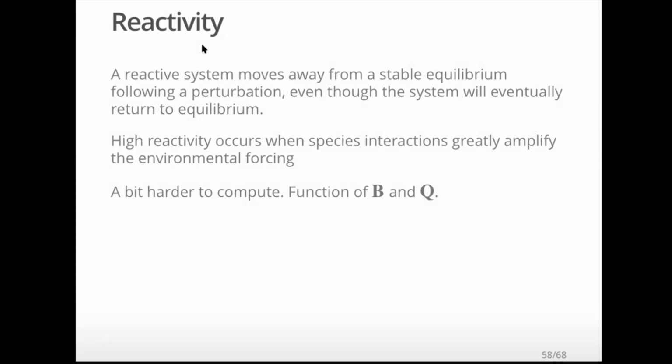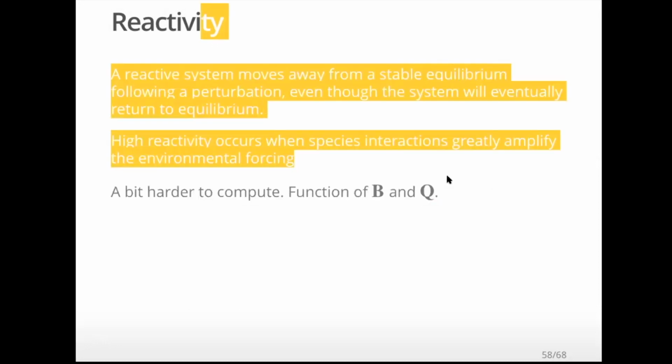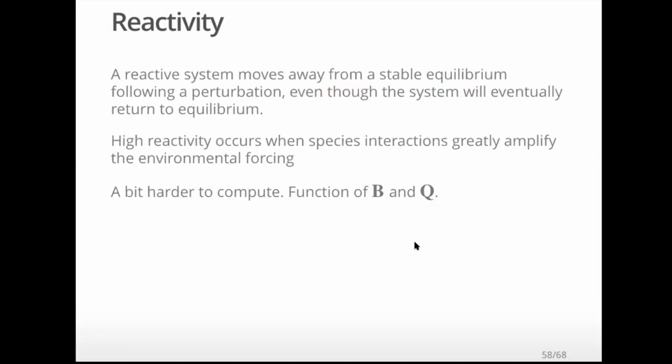Reactivity is harder to estimate, harder to compute, but the key thing is it's just a function of the B and the Q. And again, this is just highlighting the importance of that B matrix and how that can capture what's going on in this complex system.